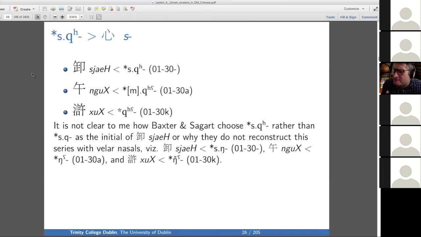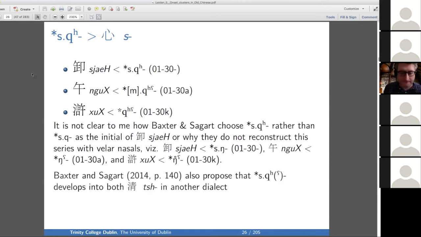I think that's maybe just a question of taste. I think that would have been a slightly simpler analysis because it would have just left the second character, the velar nasal, alone. But in this case they do what they do.